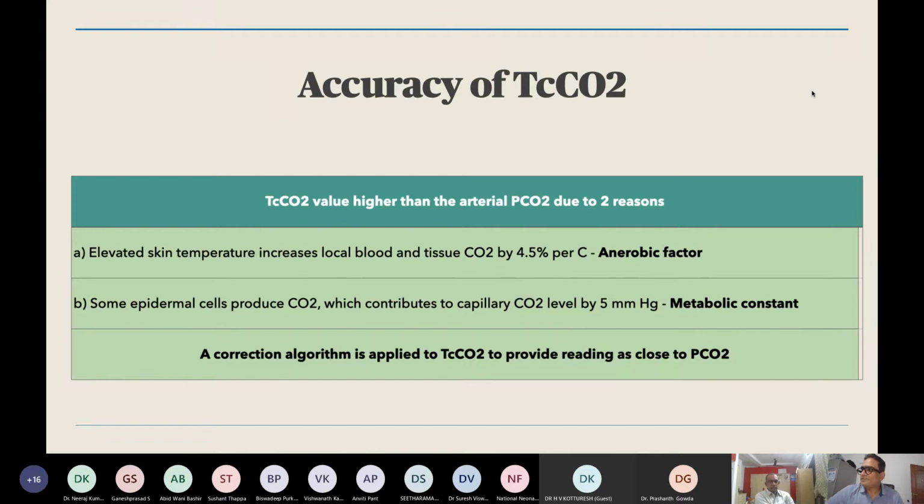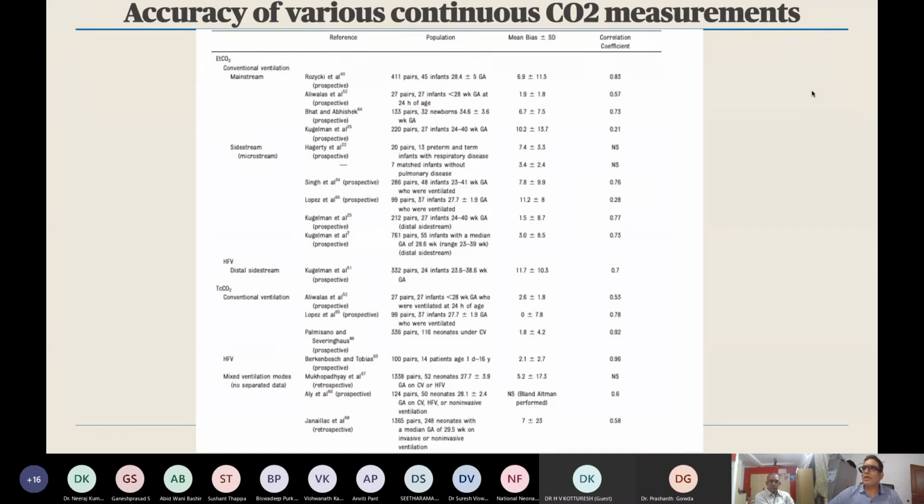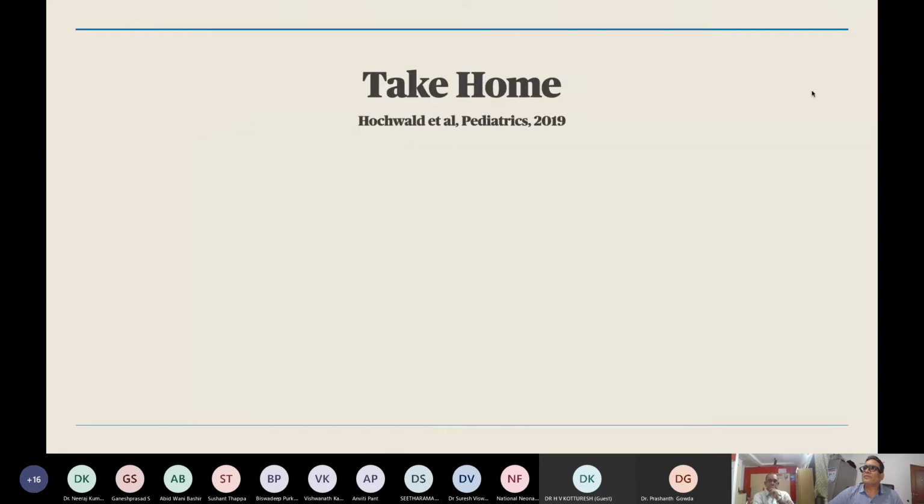But the modern day sensors have a correction algorithm applied to all these things, so that the transcutaneous CO2 is as close to the partial pressure of carbon dioxide in the arterial blood. And there are lots and lots of studies comparing different types of continuous CO2 monitoring. On the take home, this was a review article published by Hochwald et al. in Pediatrics.